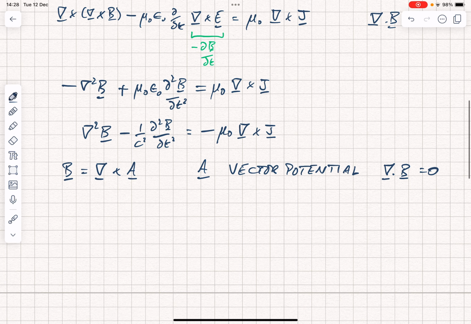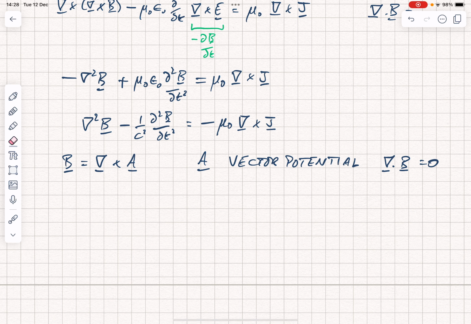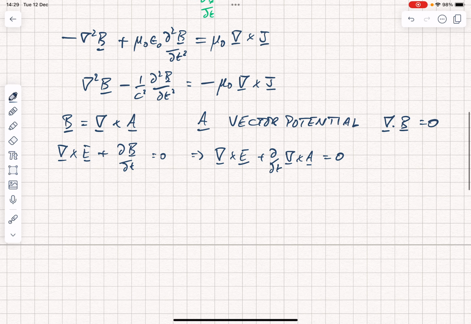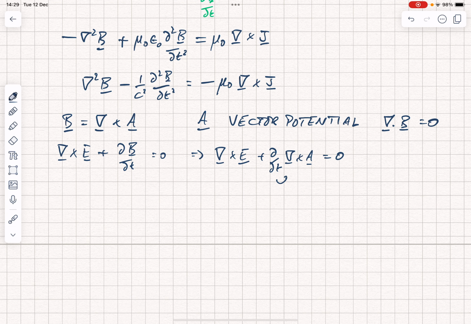If we now turn to Faraday's law, curl of E plus dB by dt is equal to 0. If we substitute in for B, that tells us that the curl of E plus d by dt of the curl of A is equal to 0. And if we change the order of the differentials and pull the curl outside, then we can write that the curl of E plus dA by dt is equal to naught.